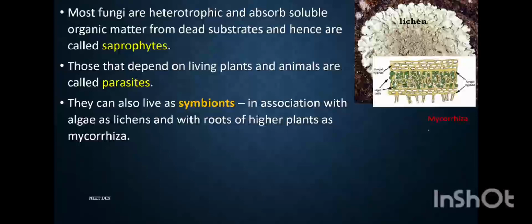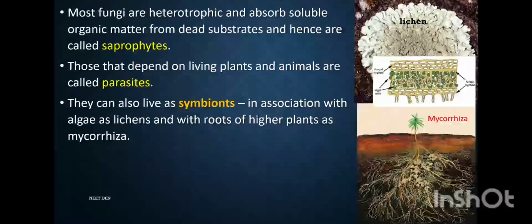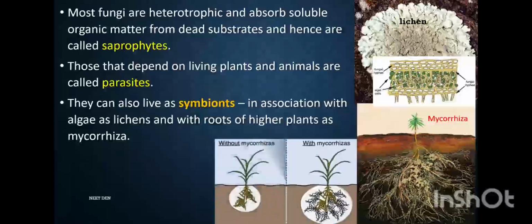Second example is mycorrhiza, which are in contact with, and have a symbiotic relationship with, the roots of the green plant. You can see here. Now, the green plants give food to these mycorrhiza in the form of glucose as well as lipids.